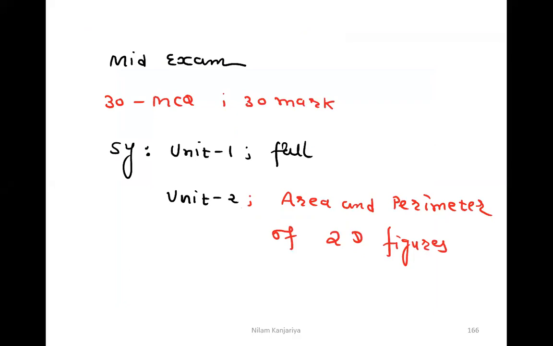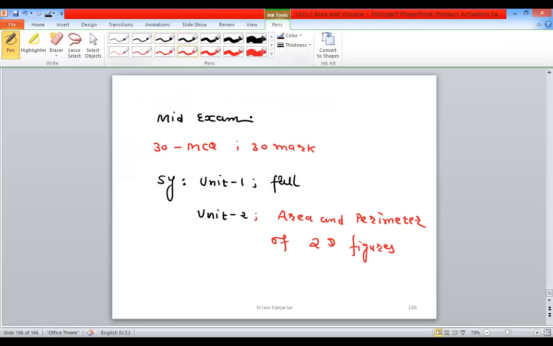From the triangle to the semicircle, you must remember the area and the perimeter of these figures. They are known as 2D because these figures depend on the length and breadth, only two things. If you have any question about the syllabus, the mid exam is online.